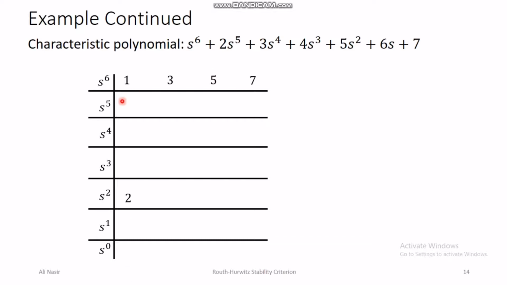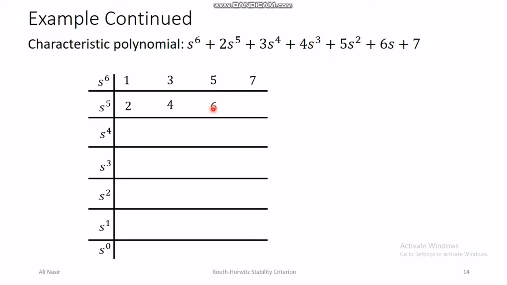Then in the second row you start with the coefficient of s raised to the power 5, the coefficient of the second highest power of s in the characteristic polynomial. In the same way as you did for the first row, you leave out the next coefficient and plug in the next to next, which is the coefficient of s cube, and similarly you leave out the coefficient of s square and you plug in the coefficient of s.